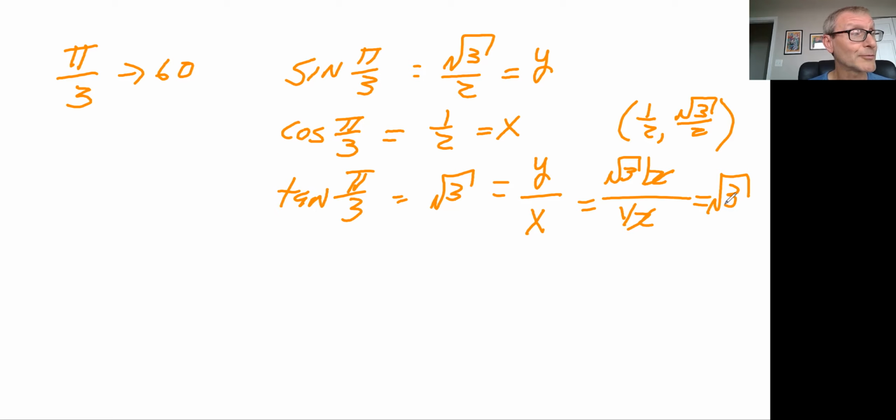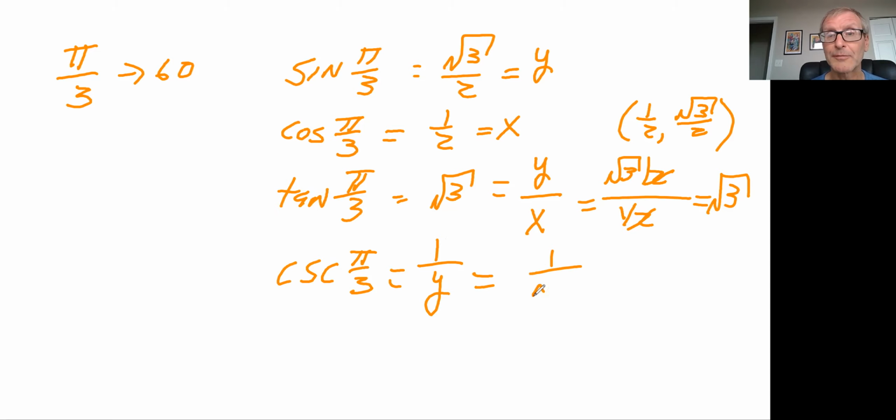And I won't go through the other ones, but say cosecant of pi over 3. That would be the inverse of sine, so that would be 1 over y. And so this would be 1 over square root of 3 over 2. And so when you flip that, it's going to be 2 over square root of 3.